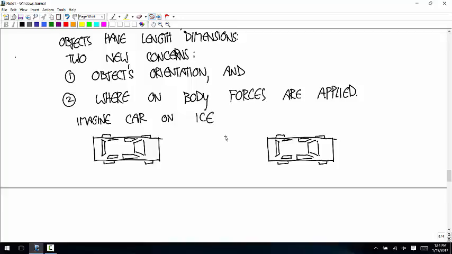Okay, so if you're treating this like a particle, think about two cases. One where you apply a 50,000 Newton force here, and one where you apply a 50,000 Newton force here.